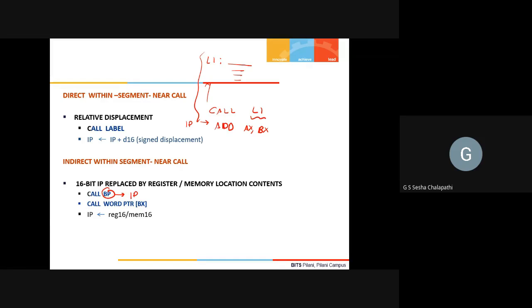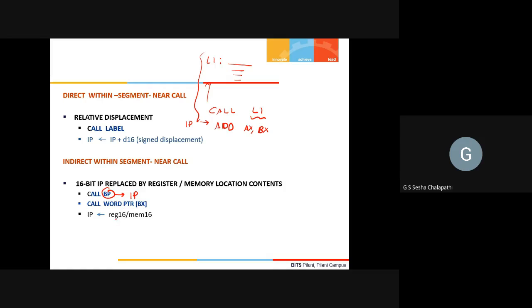Whatever value is present in this register will be directly moved into the IP. There is no addition done here. You will just put the BP value, or whichever register you specify, into the instruction pointer, and it will jump to that particular location.